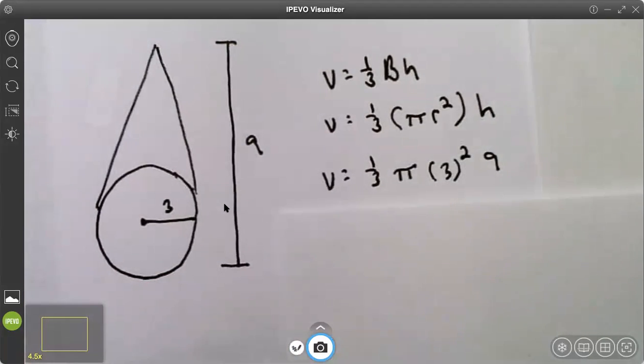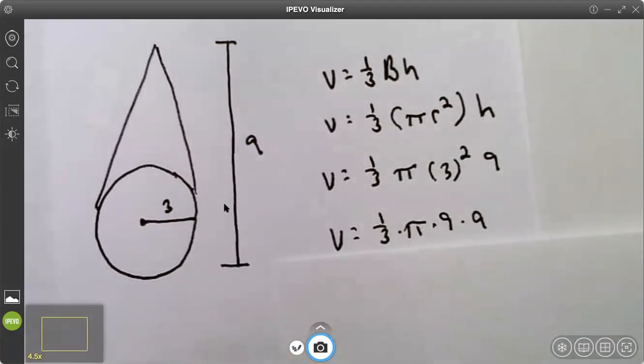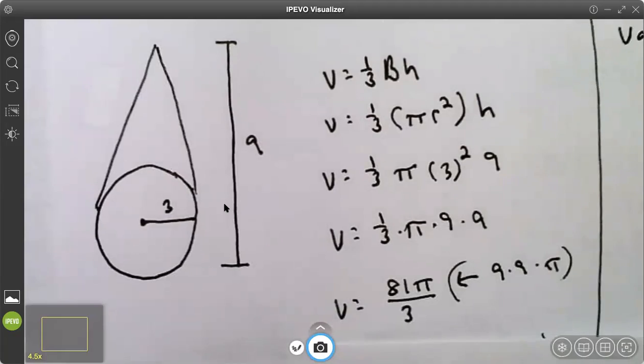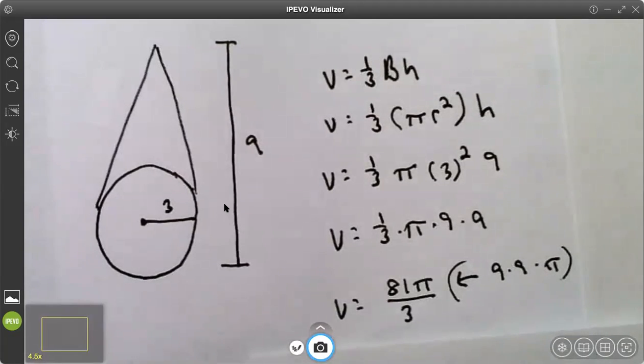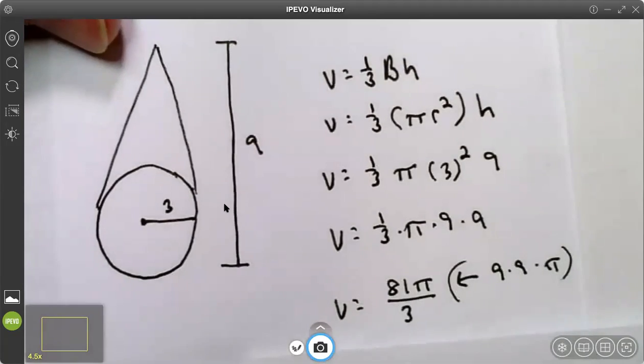I do have to follow order of operations by squaring this 3 first to get 9. And again, I would multiply 9 times 9 first to get 81. I could go ahead and do pi, but I'm going to get into a big decimal if I do that.